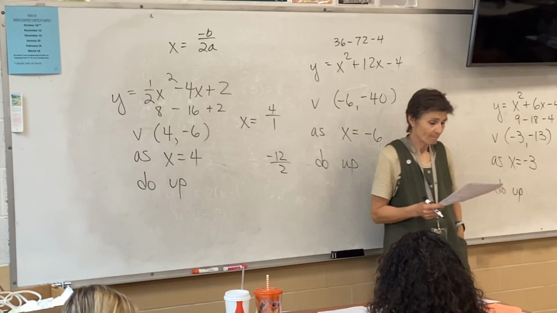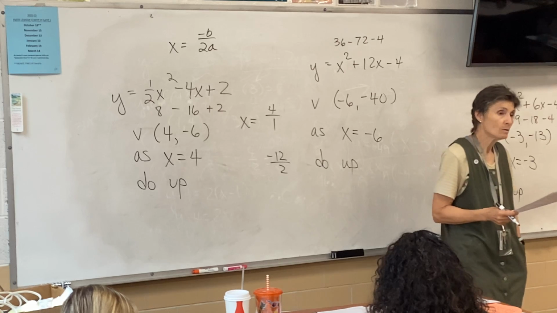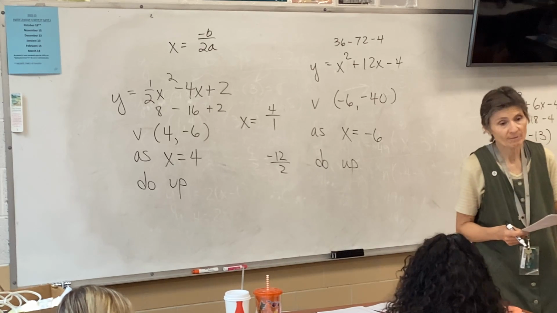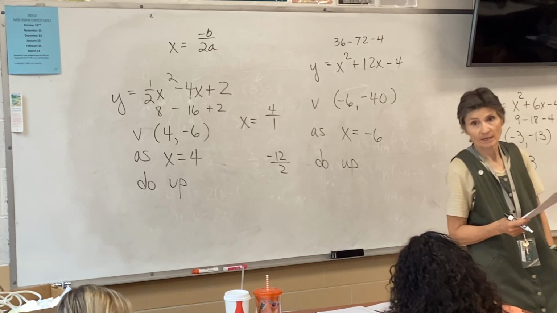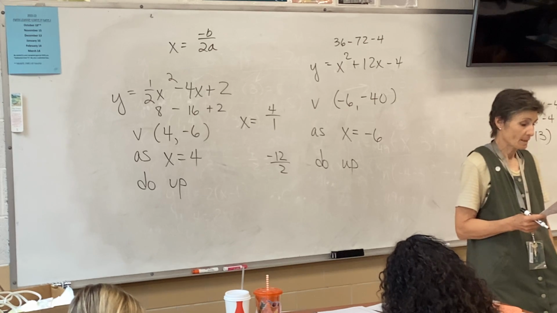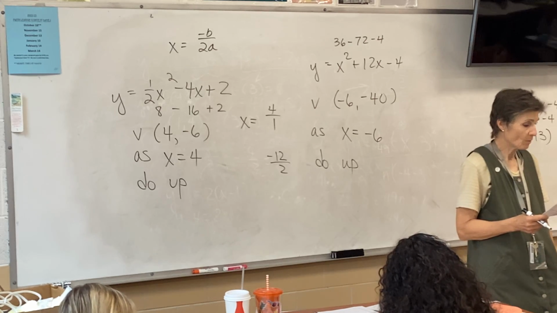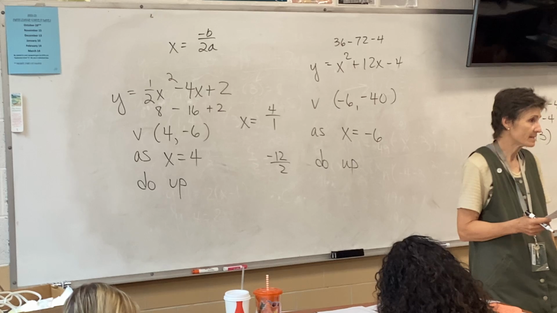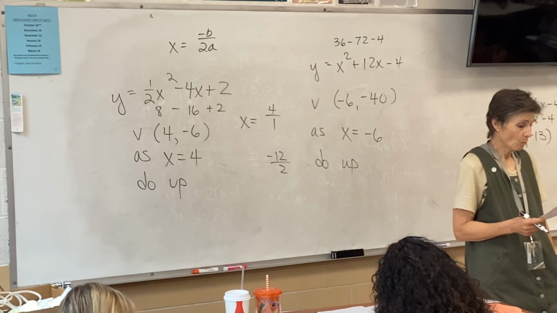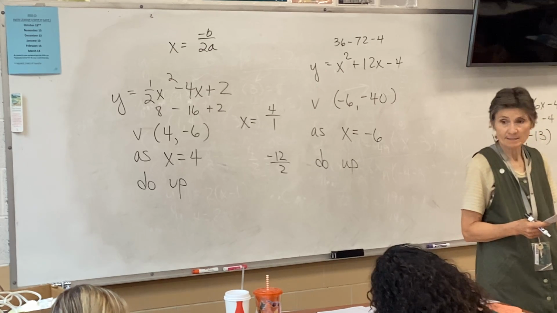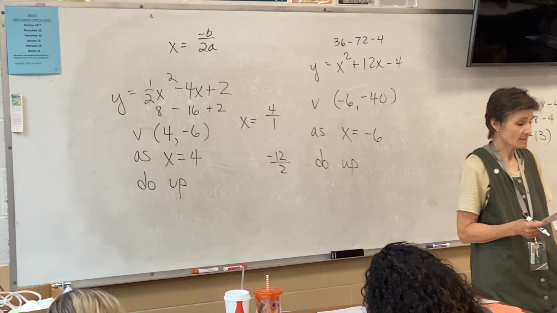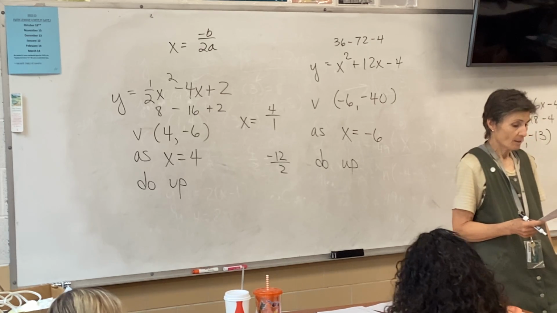What about B? Another no, because you can't have a negative exponent. What about C? Oh, that's a yes. What about D? Oh, it's a yes also. What about E?